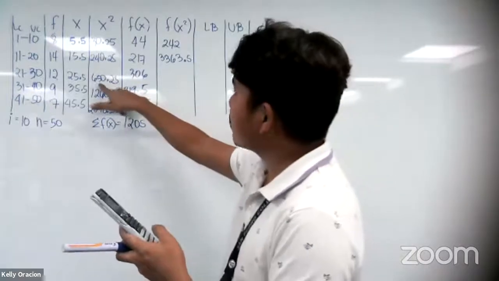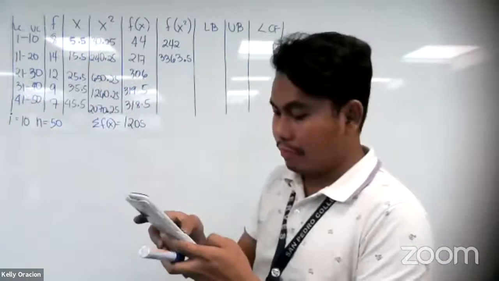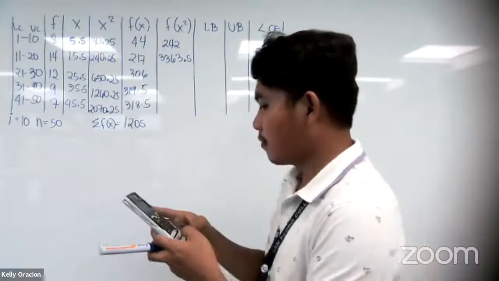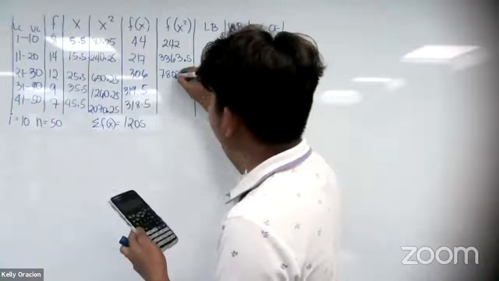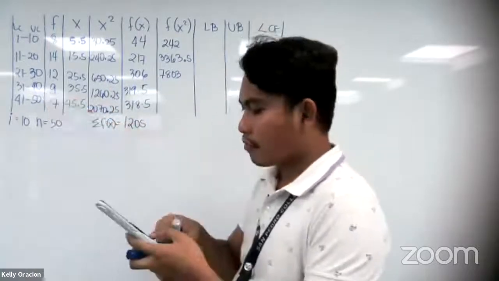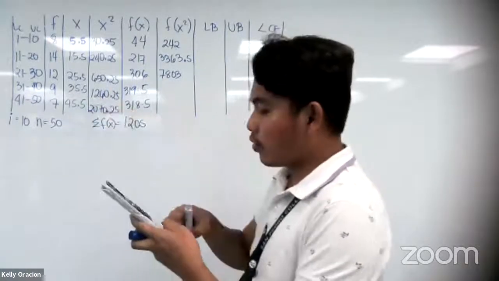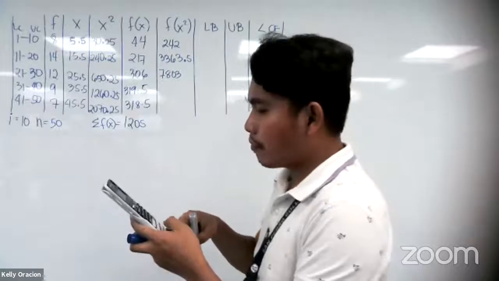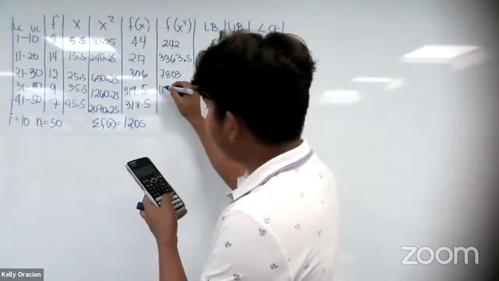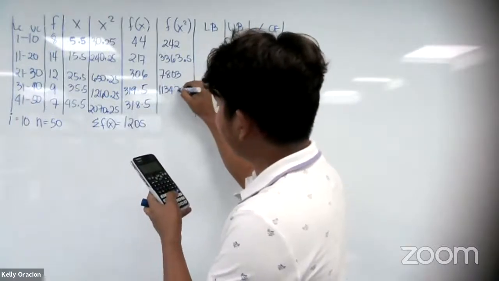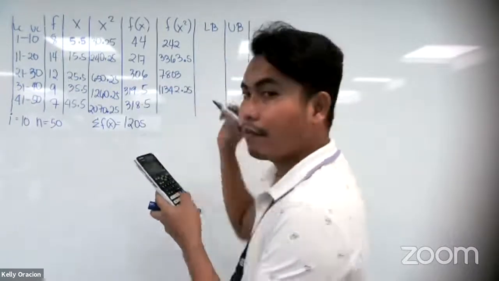This 12 times 650.25, the answer is 7,803. Next is 9 times 1,260.25, the answer is 11,342.25.